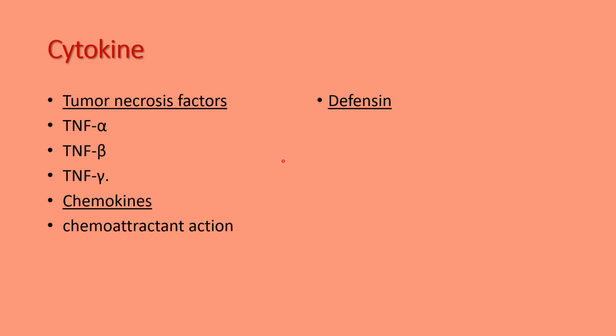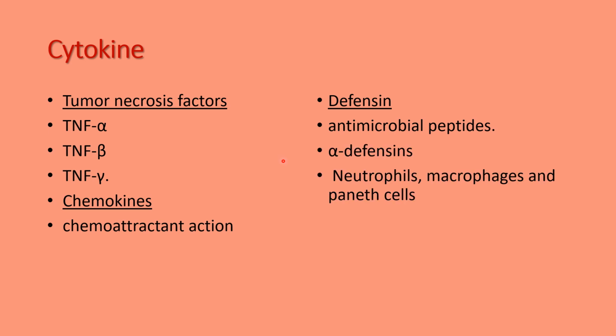Defensin is another important cytokine. It acts as an antimicrobial peptide, acting against infective agents. Alpha defensin is mainly produced from neutrophils, macrophages and intestinal Paneth cells.